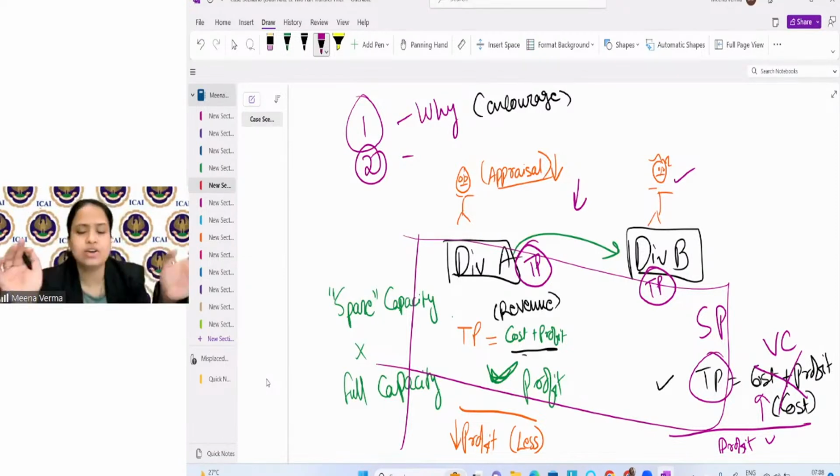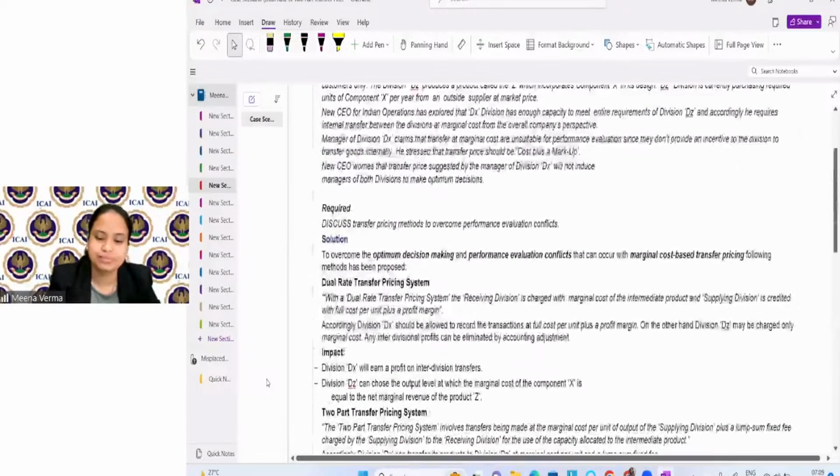This will not at all affect the profitability of the entire organization. So for that reason, we adopt the dual rate transfer price method.